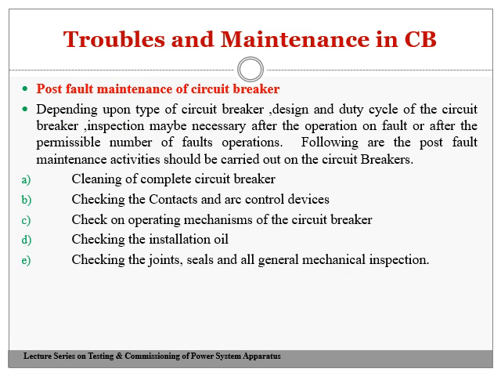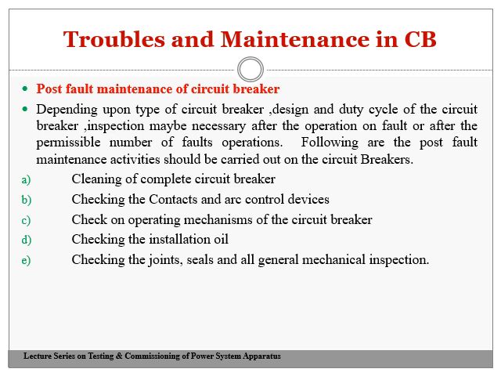Post-fault maintenance of the circuit breaker. Depending upon the type of circuit breaker, design and duty cycle of the breaker, inspection may be necessary after the operation on the fault or after the permissible number of faults.